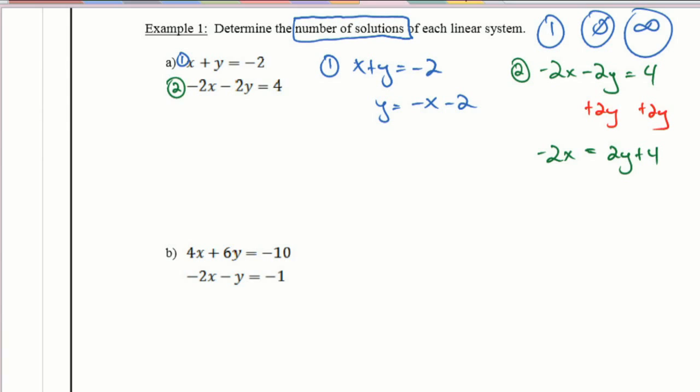Subtract 4 from both sides. Negative 2x minus 4 is 2y. And then divide everything by 2. Show that step. So I get negative x, or negative 1x, minus 2 is equal to y.